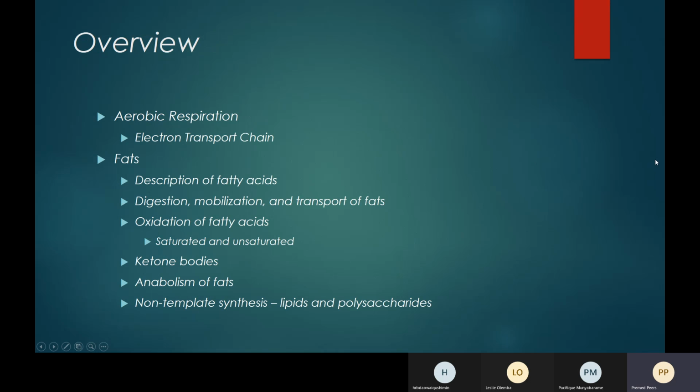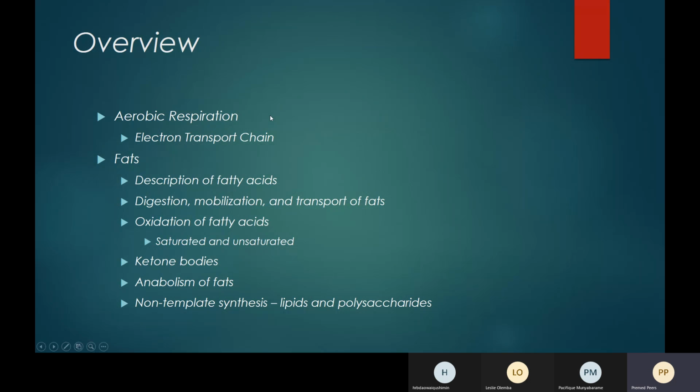So here's an outline. I know that last time I spent maybe a little bit too much on the content review, which is stuff hopefully you've already read, and that left less time for the discussion, the practice questions on the practice passage. So this time I'm going to go a little bit faster on this. So we're finishing up aerobic respiration.